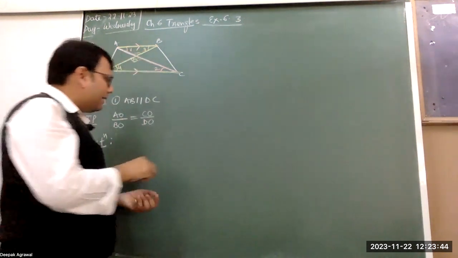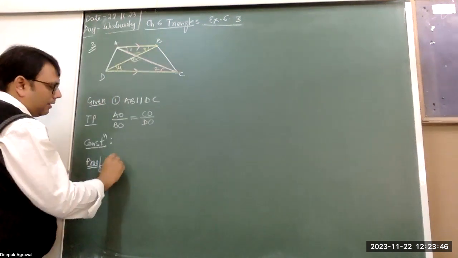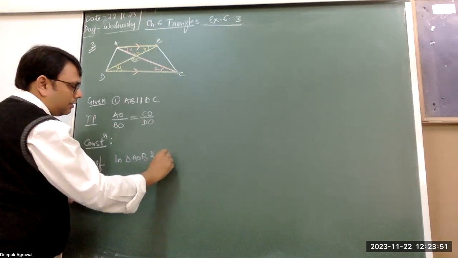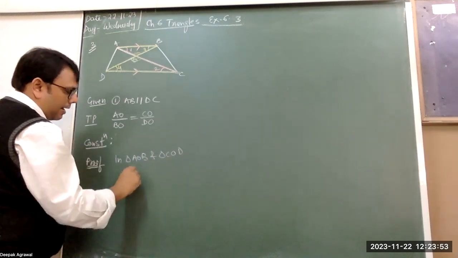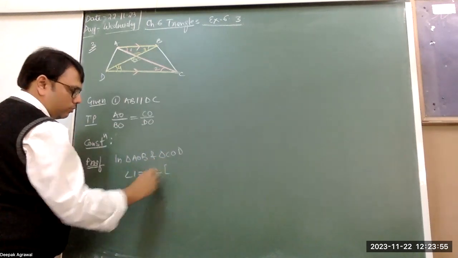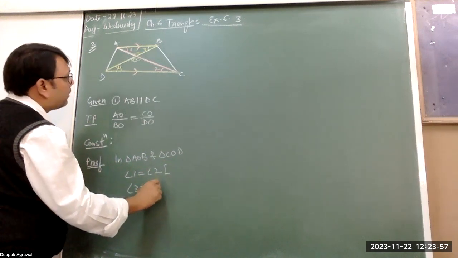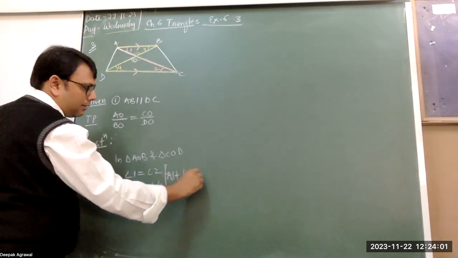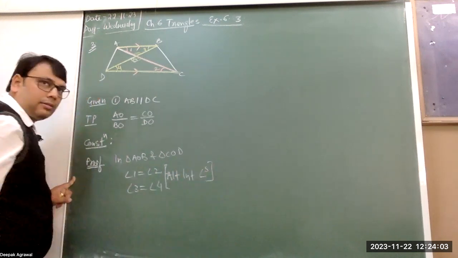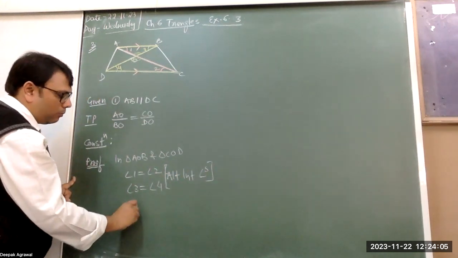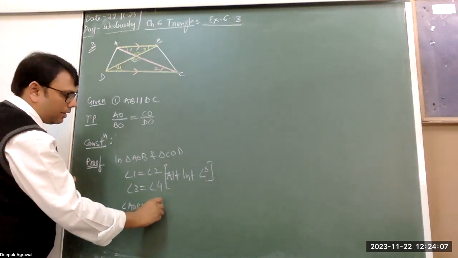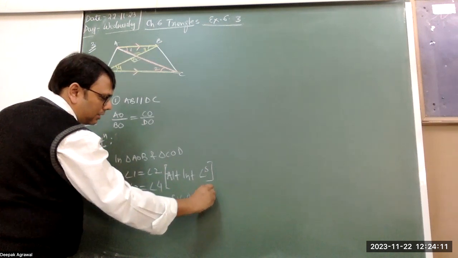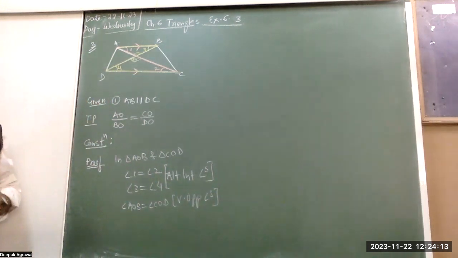So now I can write in this one that in triangle AOB and triangle COD, angle 1 is equal to angle 2 and angle 3 is equal to angle 4. They both are using the same property, alternate interior angles. And angle AOB is equal to angle COD by vertically opposite angles. Fine.